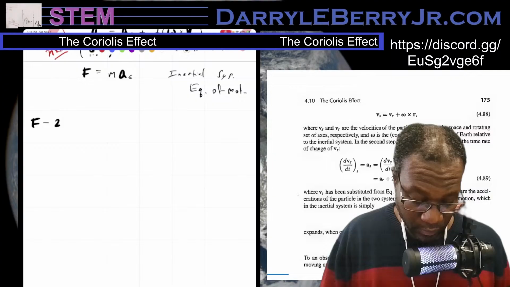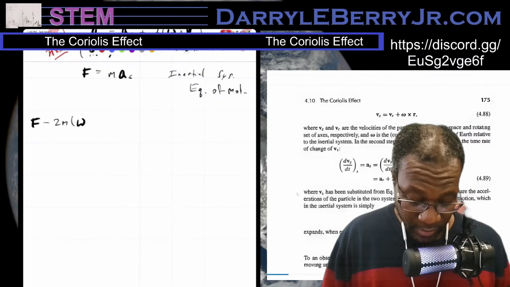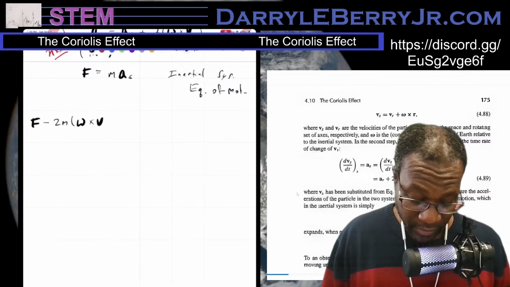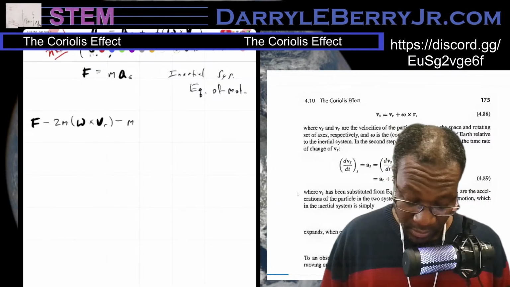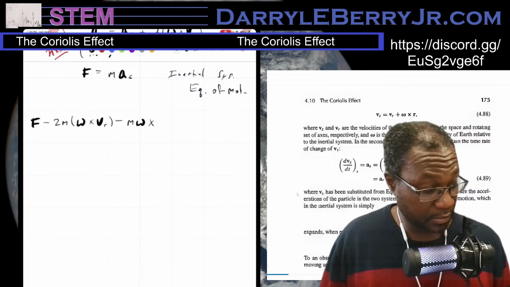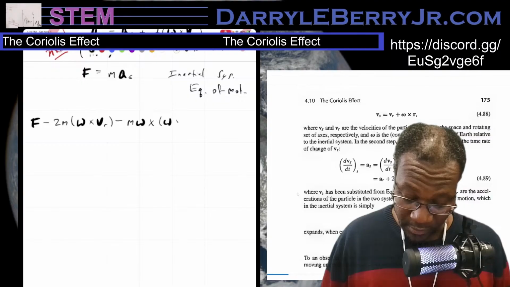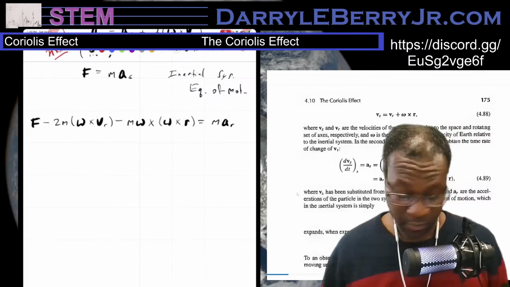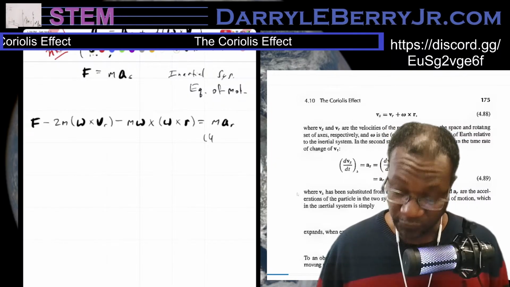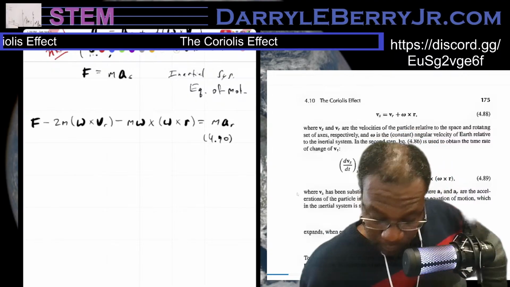Minus 2m omega cross v r minus m omega cross omega cross r equals m a r. This is 4.90.